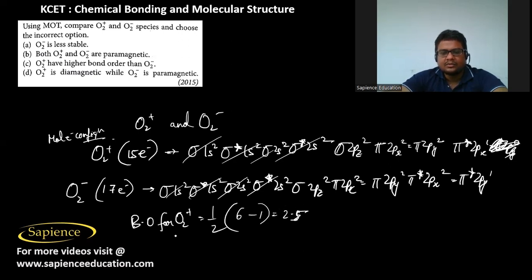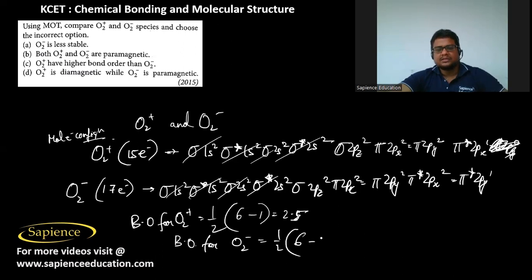And then the bond order for O2 minus species will be half of the number of bonding electrons, which is 6, minus the number of antibonding electrons, which is 3. So that is 3 by 2, which is 1.5. So it means that O2 plus has got higher bond order than O2 minus.